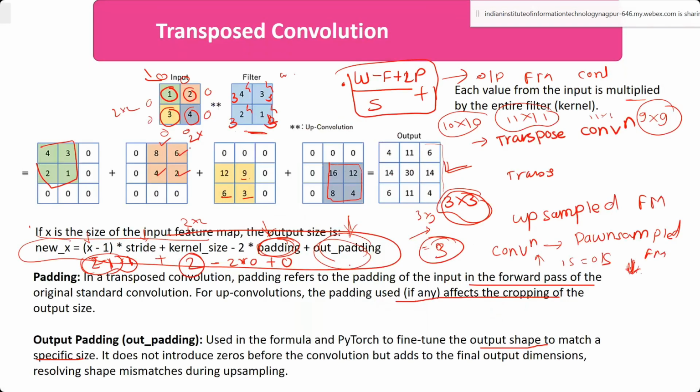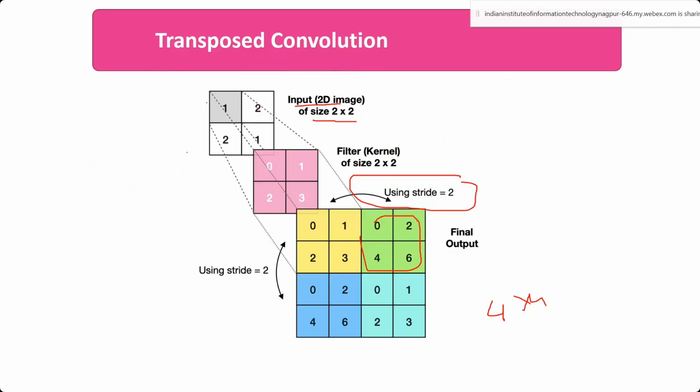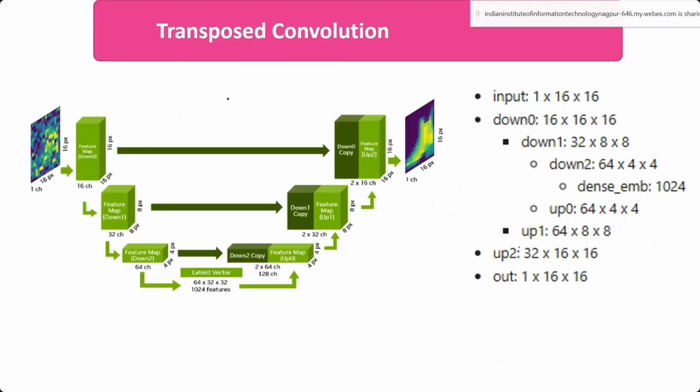Whenever there is an overlapping, if you see here this value, this 1, again this 4, this 9, and this 16. So this is overlapping. So what you will do? 1 plus 4 plus 9 plus 16. So that would be 30. So this is overlapping, but if you see, there may be less overlapping in this transpose convolution. So this is how the architecture of transpose convolution will look like.